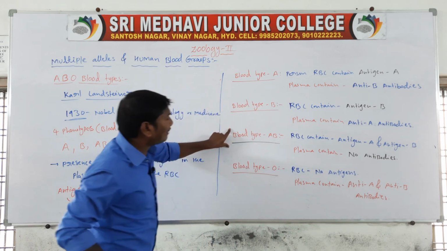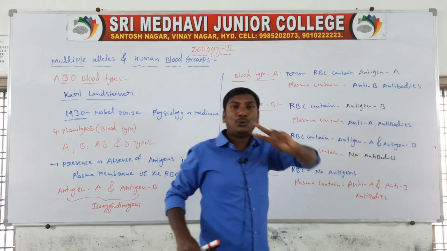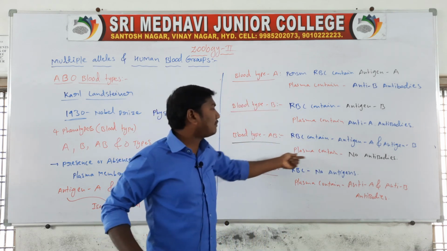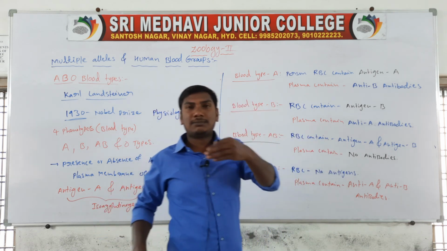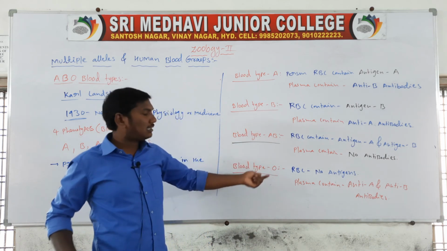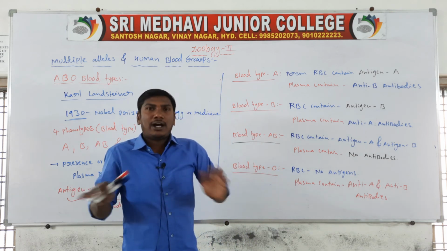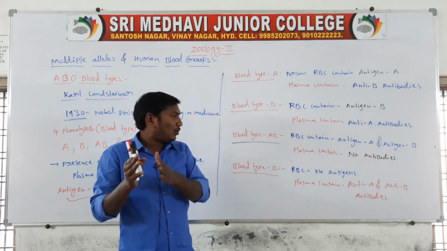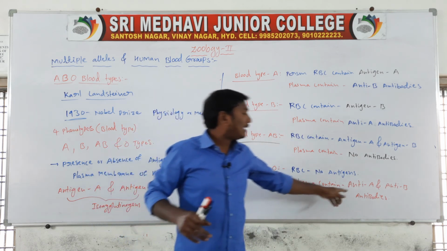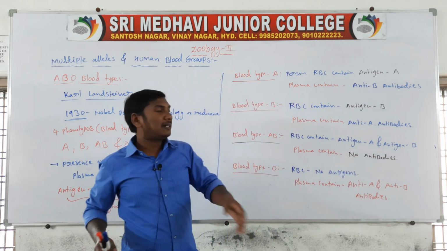Blood type AB: the RBCs contain antigen A and antigen B, but the plasma contains no antibodies. Blood type O: the RBCs contain no antigens, but the plasma contains anti-A and anti-B antibodies.